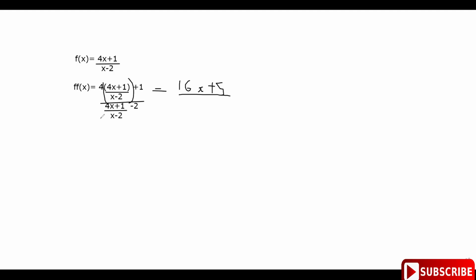So this part is 16x plus 4, rather, over x minus 2. And then this plus 1 right here, I can always rewrite 1 as x minus 2 over x minus 2. Everybody agrees with that.